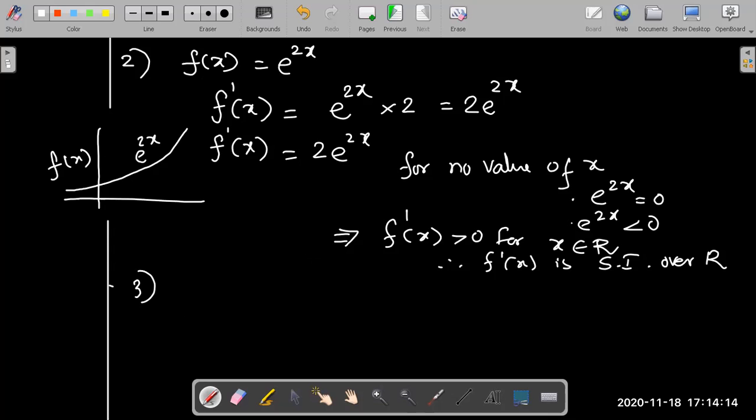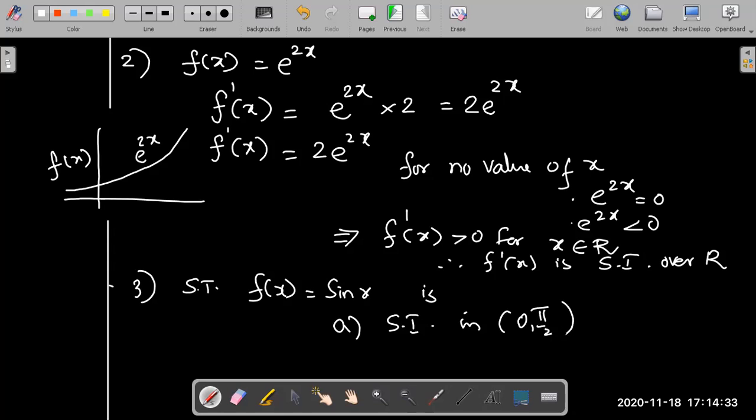So we have to show that f of x equal to sin x is strictly increasing for the interval 0 to pi by 2, and strictly decreasing for the interval pi by 2 to pi.